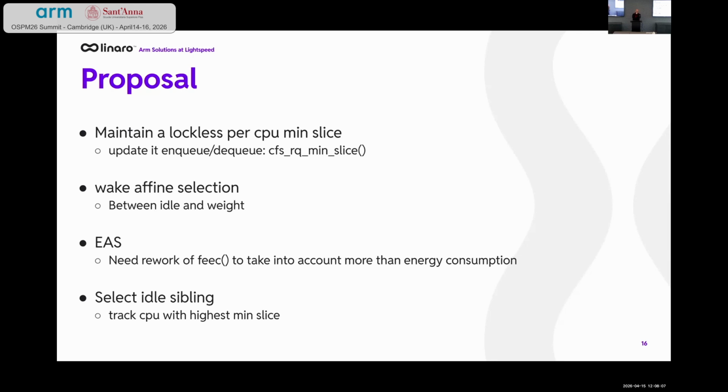And it also might be that in some cases, we keep protecting the running task a bit too much because we are using this new slice, min slice, but in some cases, we can see that this will delay.